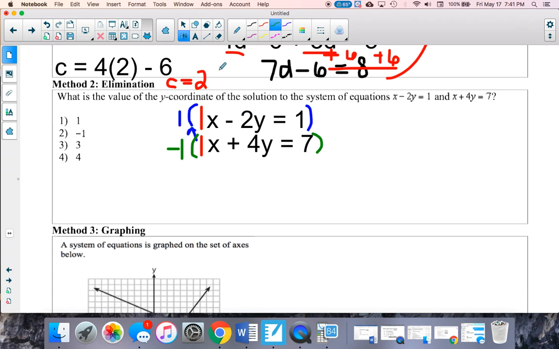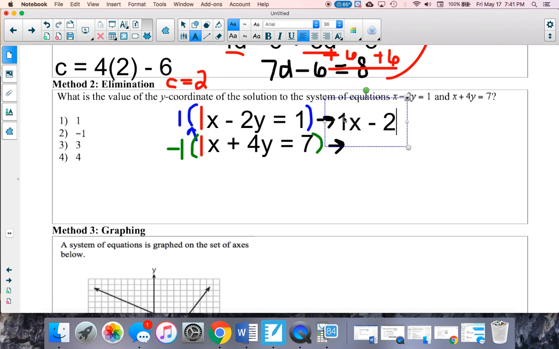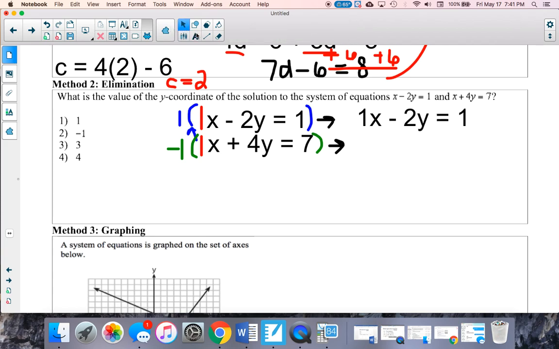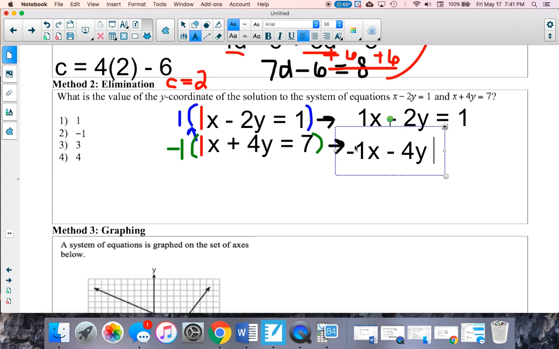I'll make the bottom one negative. So if I multiply the top by positive 1, I just get 1x minus 2y equals 1. And then I'm going to multiply the bottom equation by negative 1, so I end up getting negative 1x minus 4y equals negative 7.